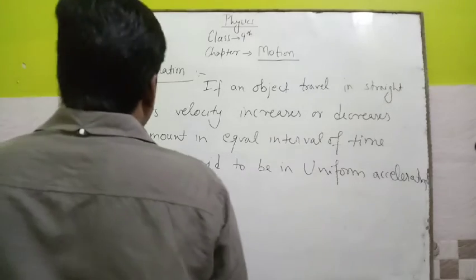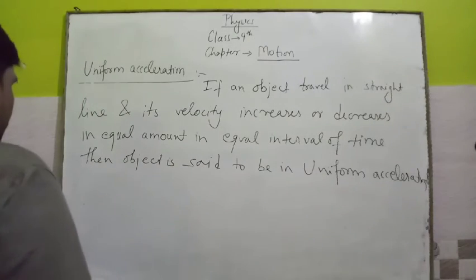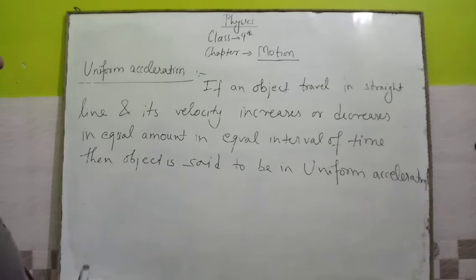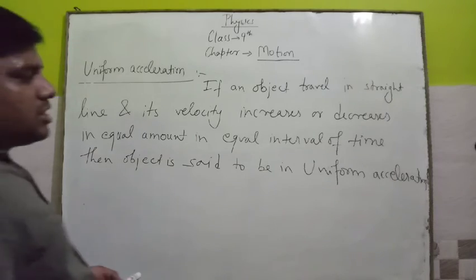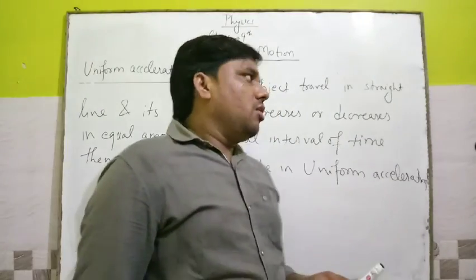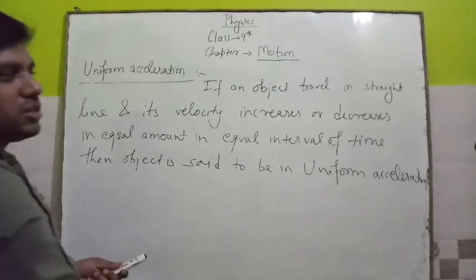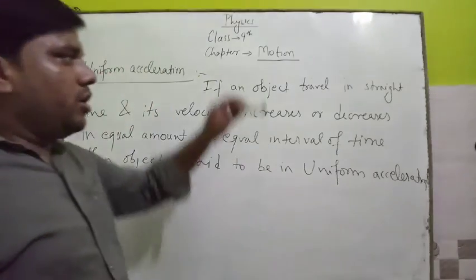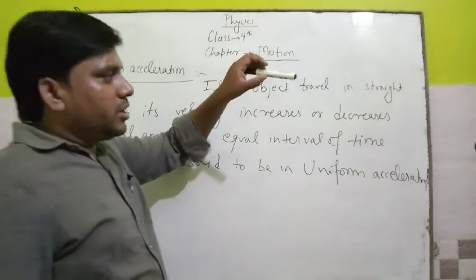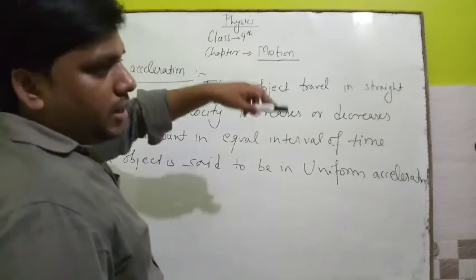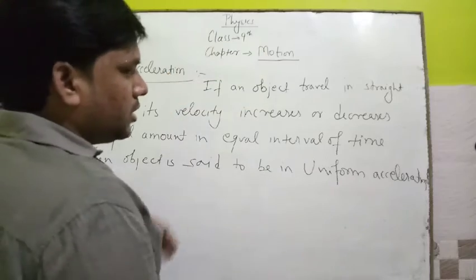Okay, now after this uniform acceleration, we are going to discuss what is the example of this uniform acceleration. There are so many examples, but the main or basic example of uniform acceleration is a freely falling object. Suppose this is an object and it falls freely, like this.